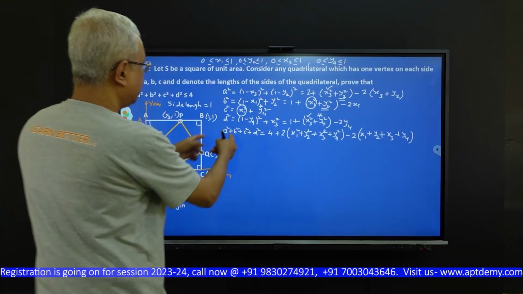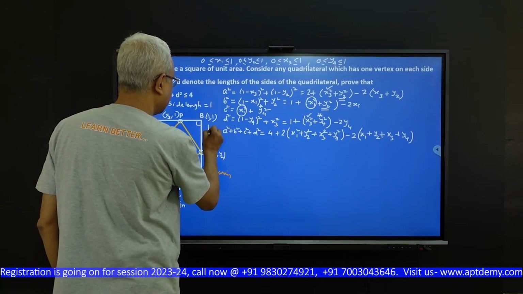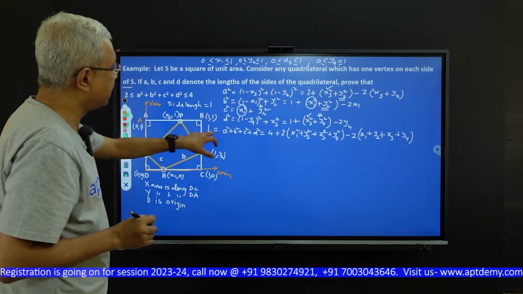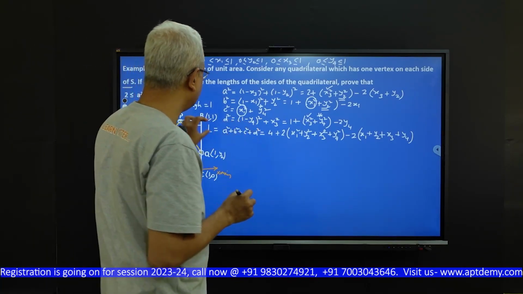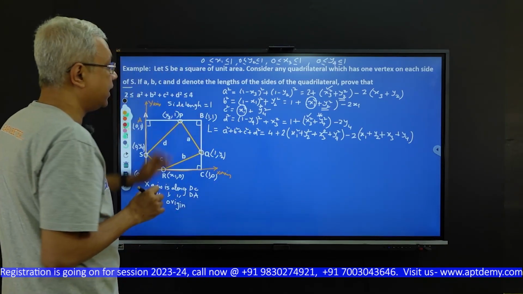So this is the expression for a square plus b square plus c square plus d square. Call this as L. L is a square plus b square plus c square plus d square. This quantity L, we have to work on this quantity L.